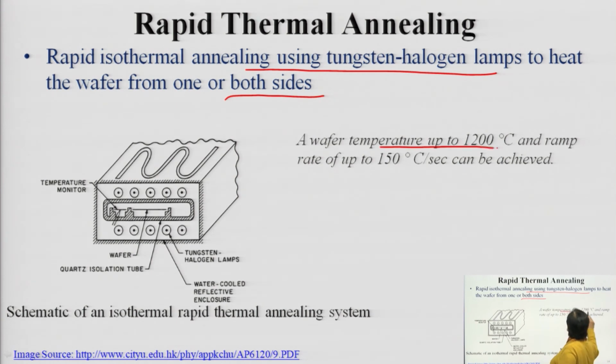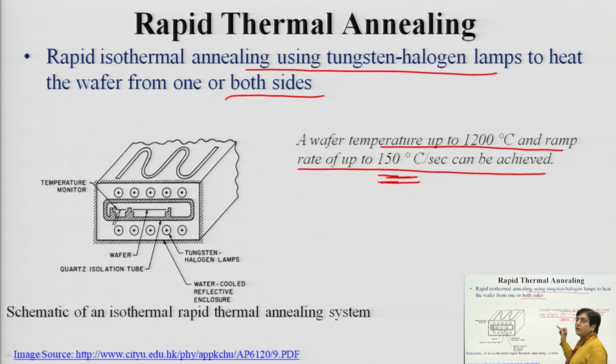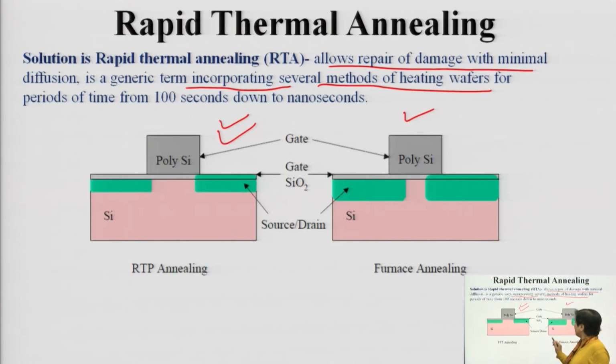The wafer temperature is around 1200 degrees centigrade, and the ramp up rate is 150 degrees centigrade per second. Since the ramp up rate is good, it rapidly elevates the temperature, and then it is cooled down very slowly. The effective results are much better as compared to thermal furnace annealing.